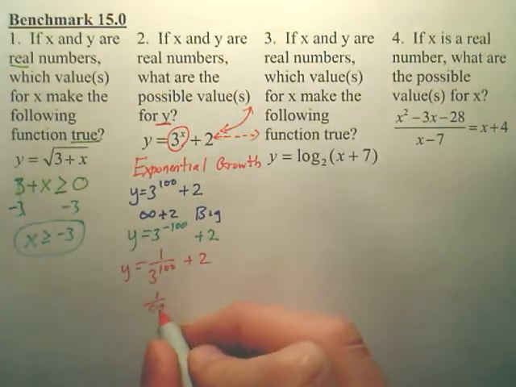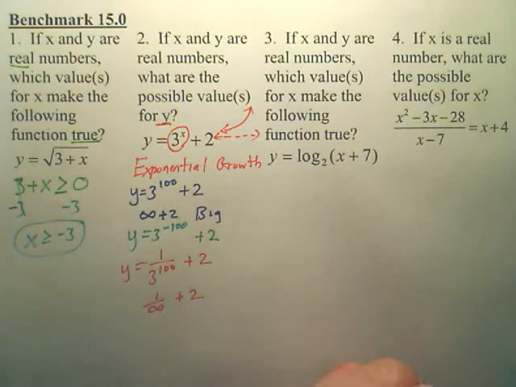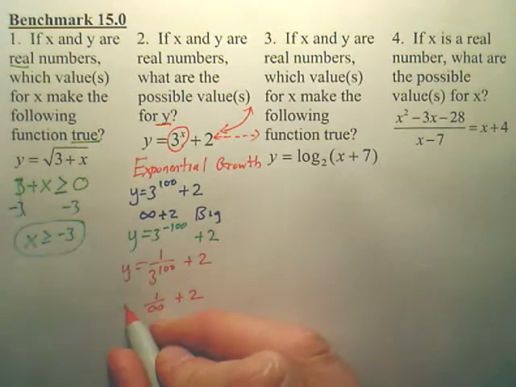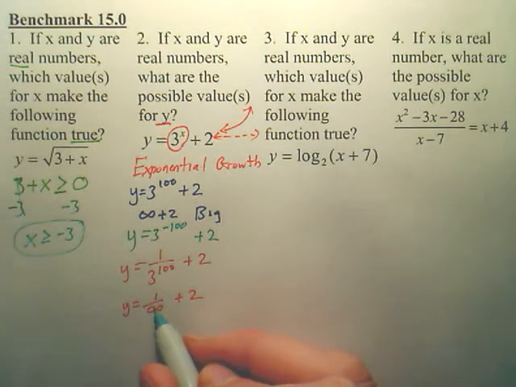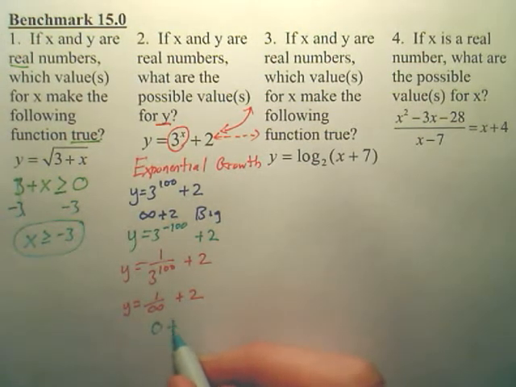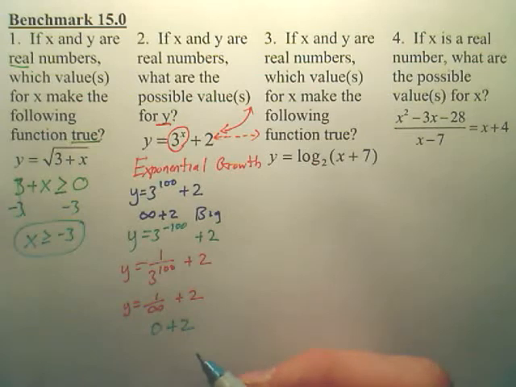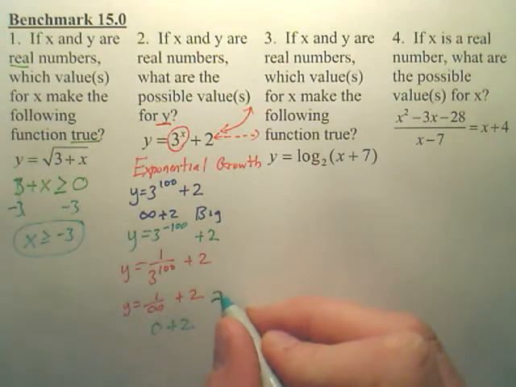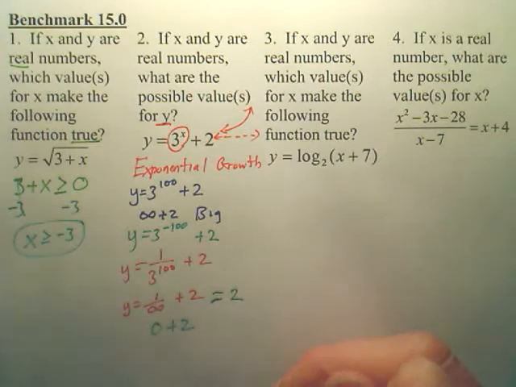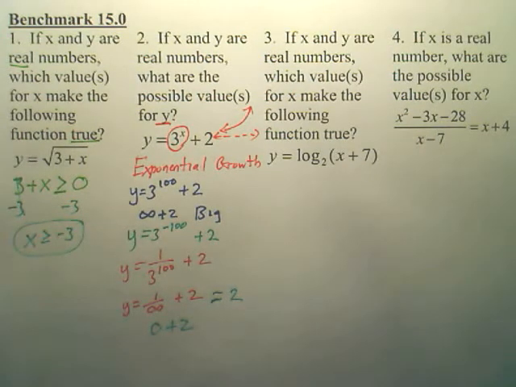So wouldn't it be 1 over infinity plus 2? Now, what's 1 over a really, really big number? Isn't that practically 0, plus 2? It's such a small number, it's almost 0. So technically your final result will be somewhere around 2.